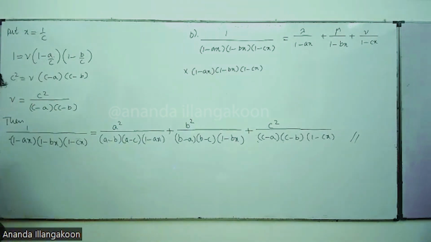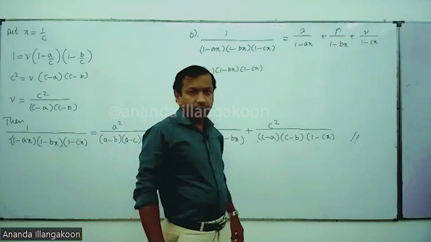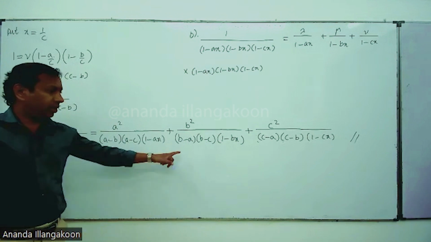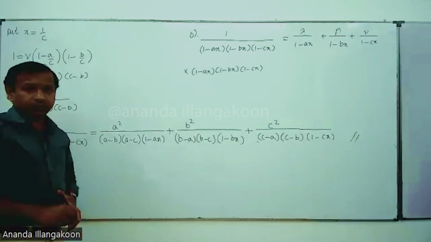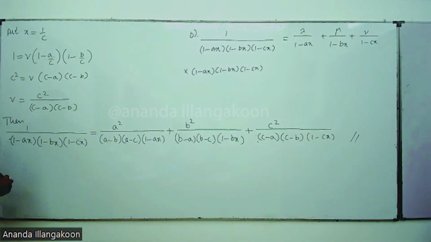Now, this equality means really, this left hand side and right hand side equal, there we have an identity. This left hand side and the right hand side are equal for all x values. Then what I put is x equals 0 on both sides.